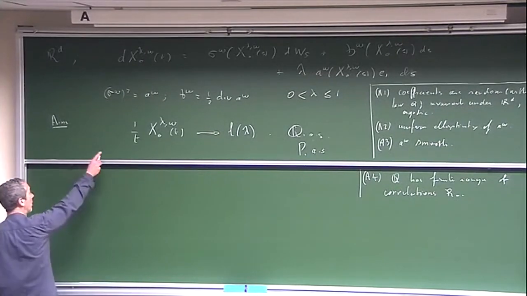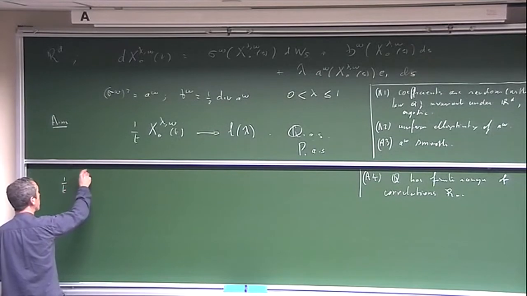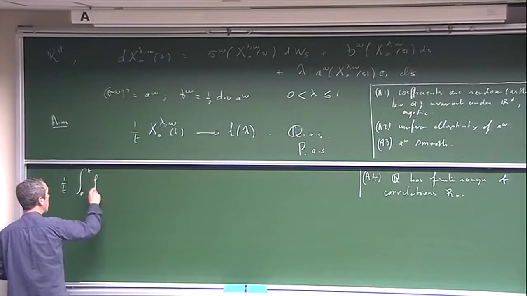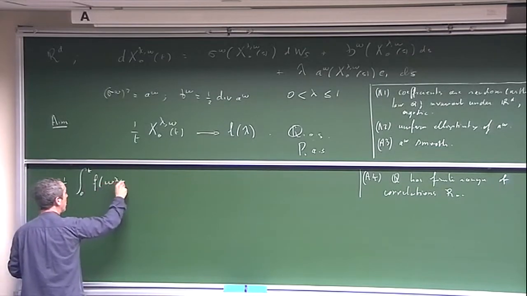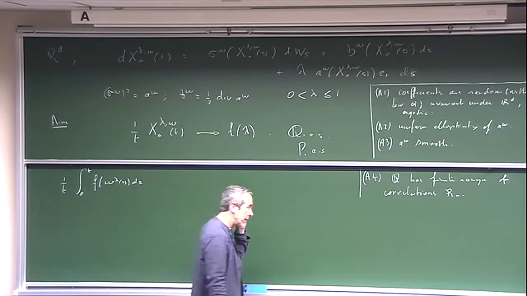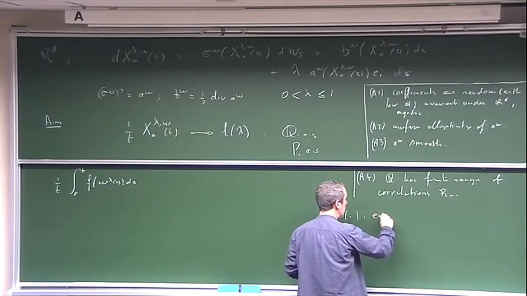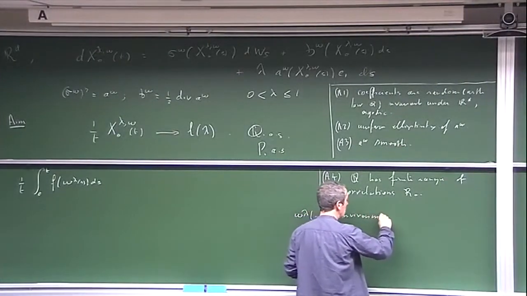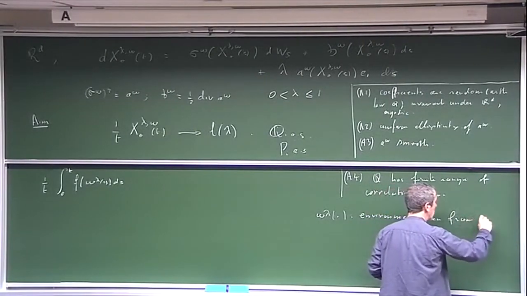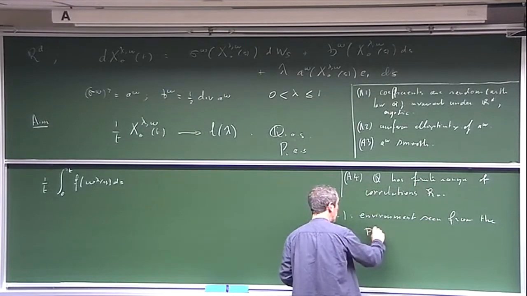So we will also be considering more general additive functionals of the form 1 over t times the integral from 0 to t of f(omega^lambda(s)) ds, where omega^lambda is the environment seen from the particle, from X^lambda, the diffusing particle.